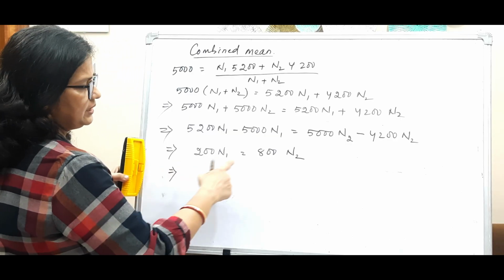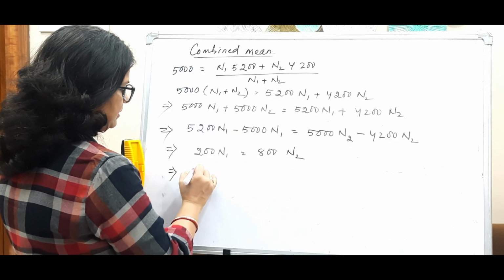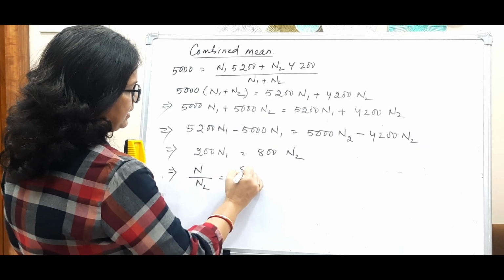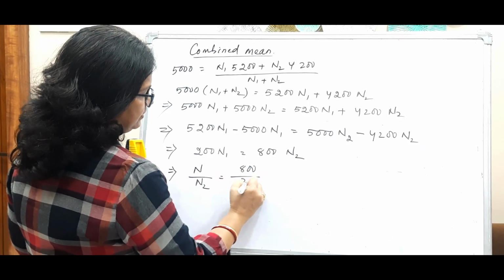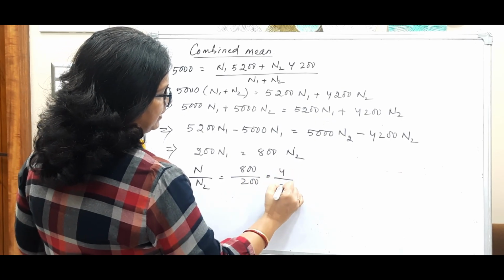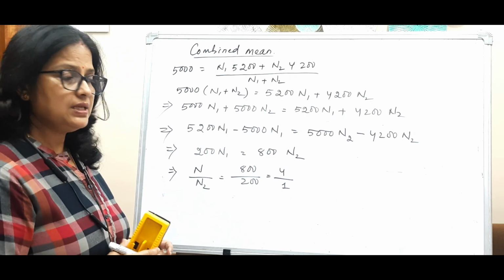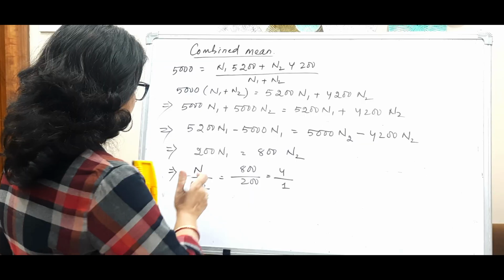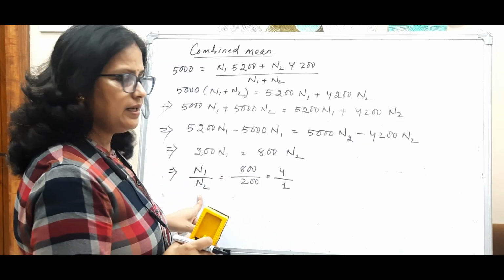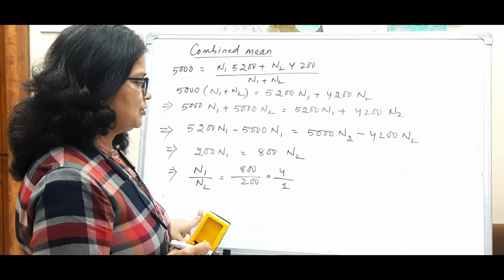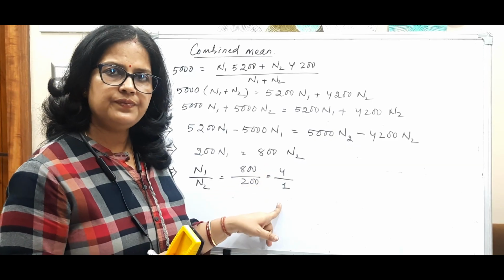So, now we are getting it in a ratio form, like N1 divided by N2 equals 800 divided by 200, which is equal to 4 by 1. Means we can say the ratio of male to female. N1 we have taken here as male and N2 as female. So the ratio of N1 by N2 equal to 4:1.